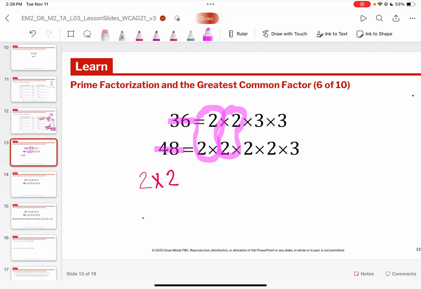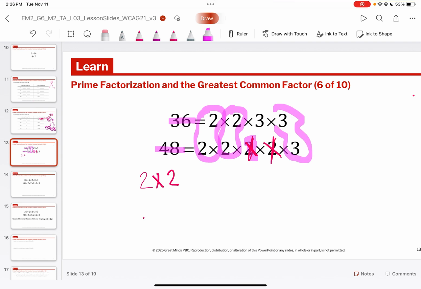All right. Well, I have a 2 down here, but does 36 have another 2? No. So can I make a pair? No. Scratch it out. I have another 2, but can I make a pair? No, because it has to be 1 from each number. Can I make any more pairs? Yes. What number? 3. How many pairs can I make? 1.